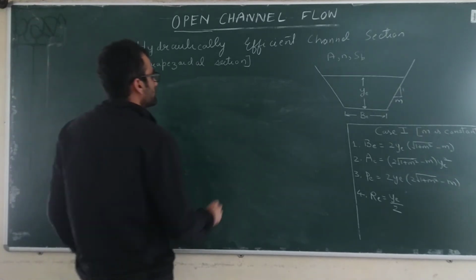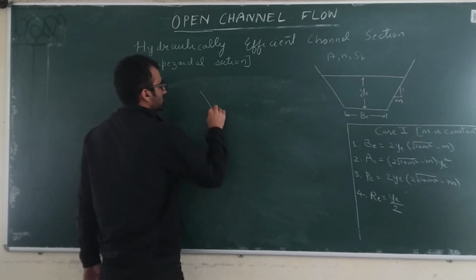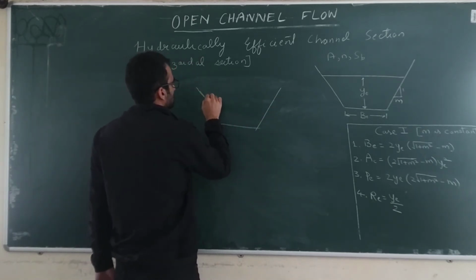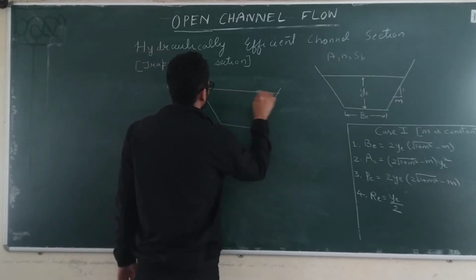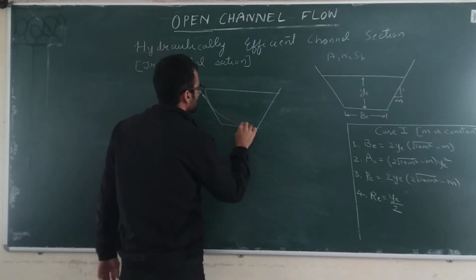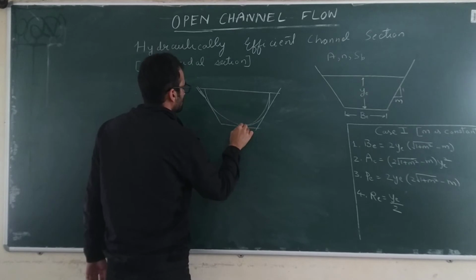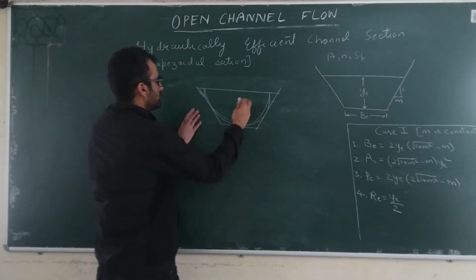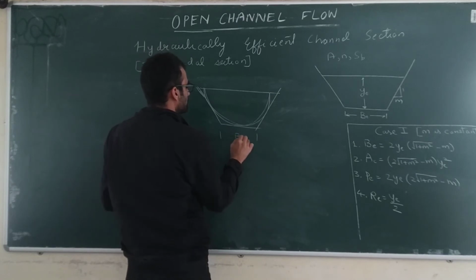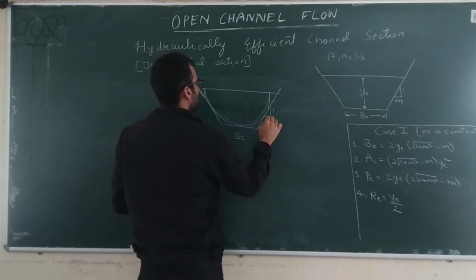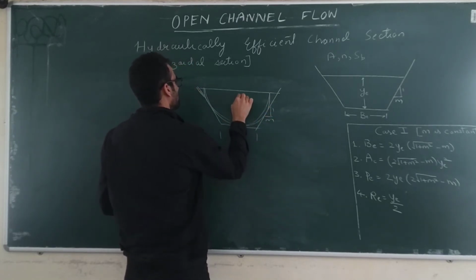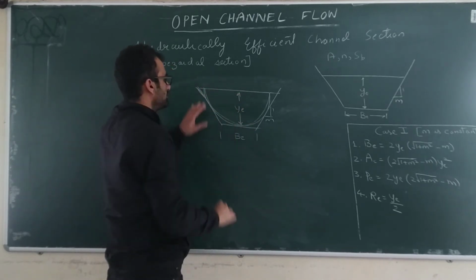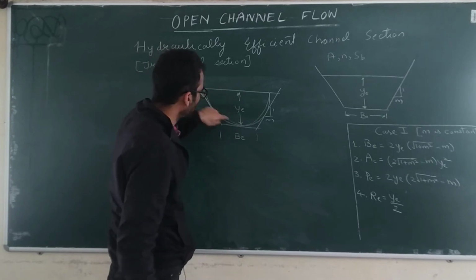Basically, if you apply some trigonometry, you will find that for most efficient channel section, suppose this is BE, this is 1 by M and this is YE, in a hydraulically efficient trapezoidal section you can inscribe a semicircle.